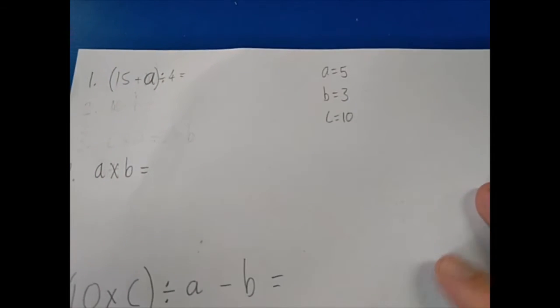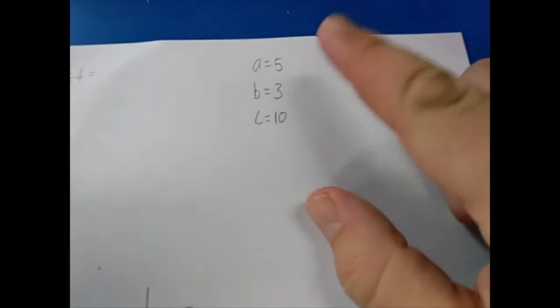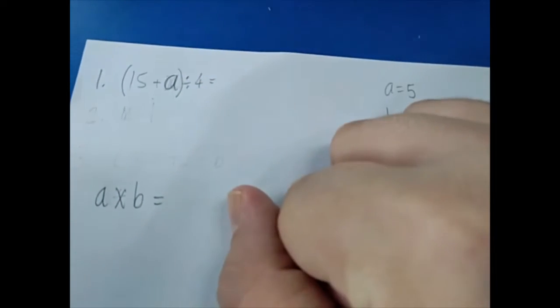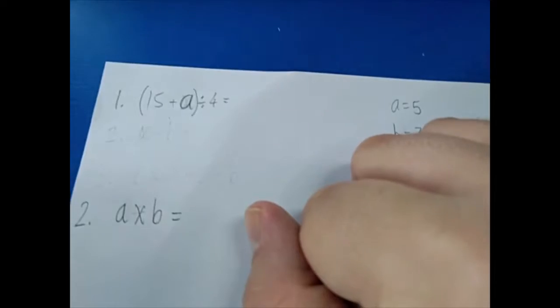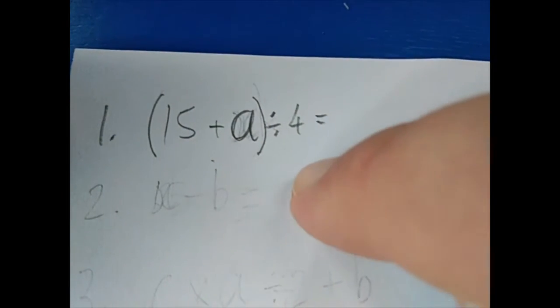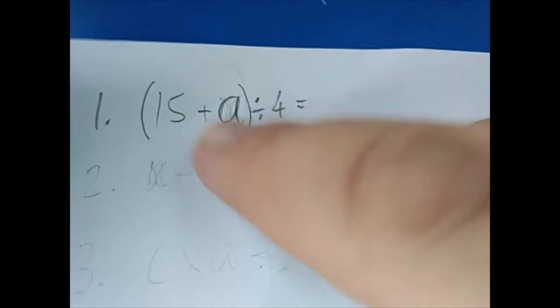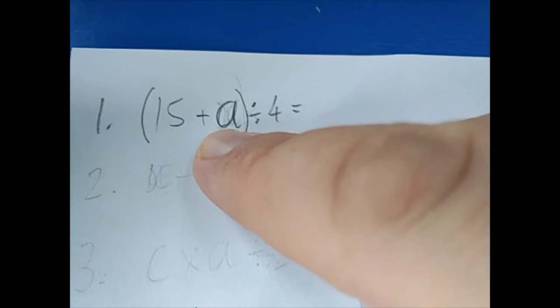Hello guys, today we're going to practice putting known variables into an equation which uses one or more of those variables. So usually when we approach an equation like this, A is an unknown and A can change between equations.